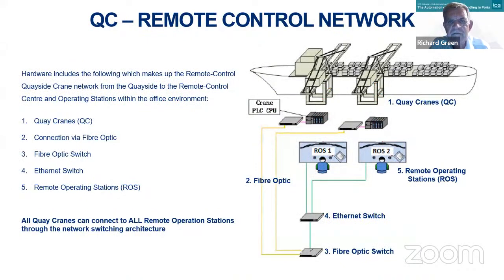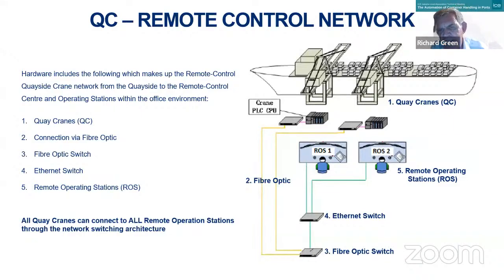The remote control system, remote control network. There's 5 elements to this, and you'll find out how I know there's 5 elements, because if you look at the picture on the right, it says number 1 key cranes, number 2 fiber optic, number 3 fiber optic switch, number 4 EarthNet, and number 5 remote operating station.